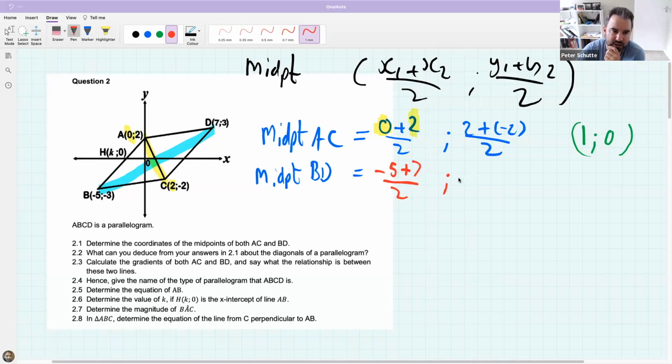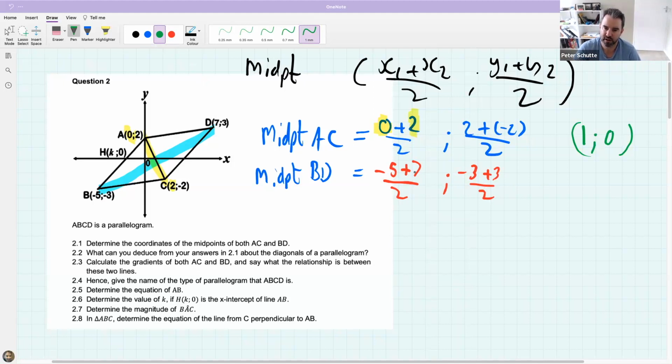BD looks a little bit trickier. Okay, so Malcolm has got an answer. Who else has an answer for the midpoint of BD? And Balian's in there. Oh, it's the same as Malcolm, so that's good. Let's see what I get.